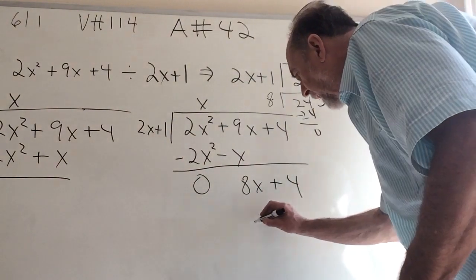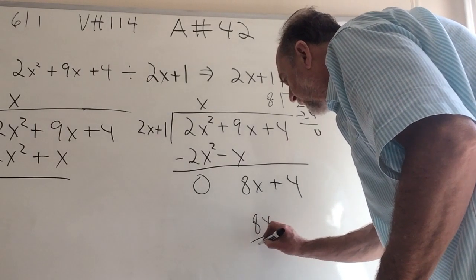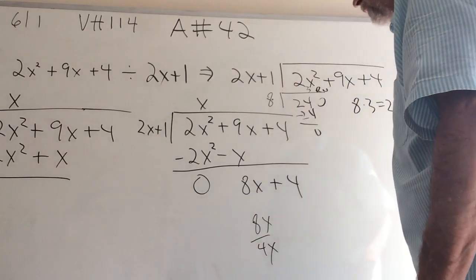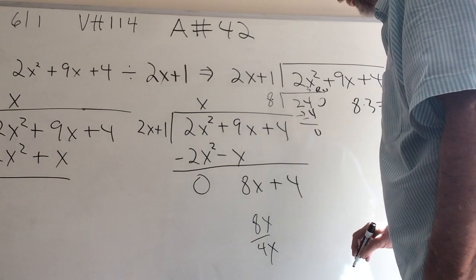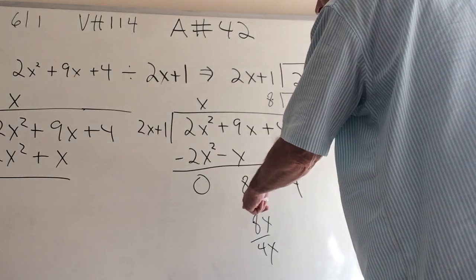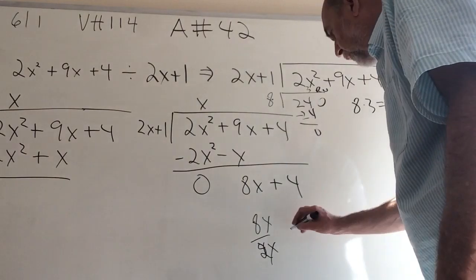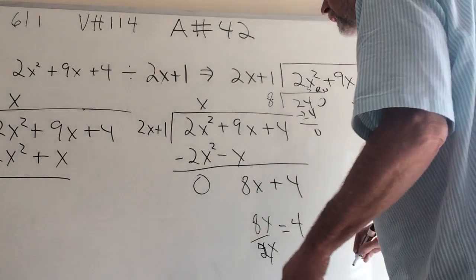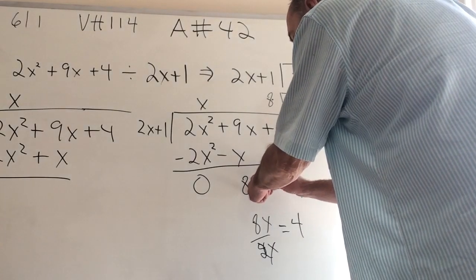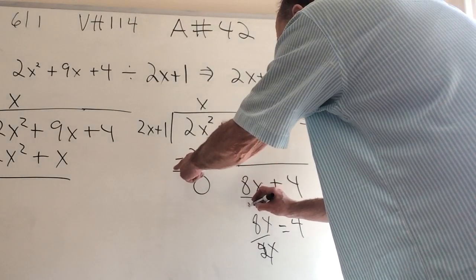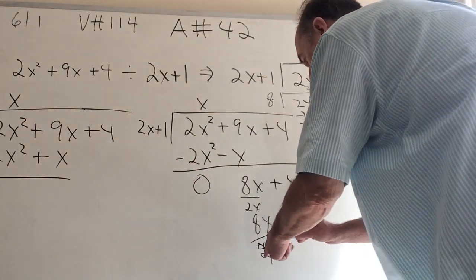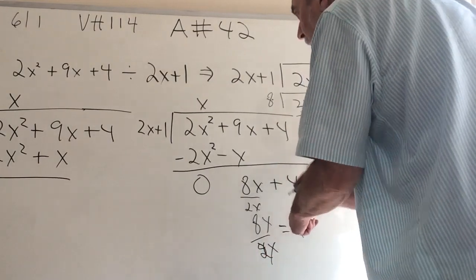But that's just saying 8x divided by 2x. Okay? And what does that equal? That equals 4. So one more time. The 8x is divided by the 2x, the first term here. What do I get? I get 4 when I do that.